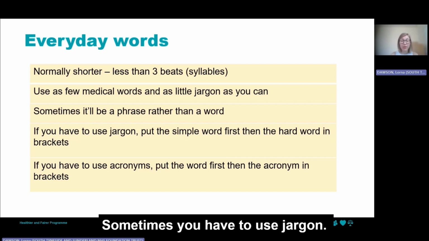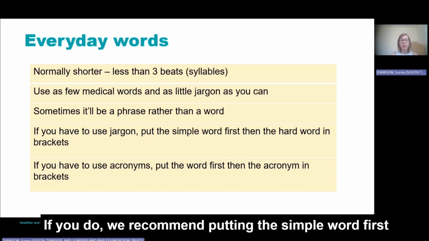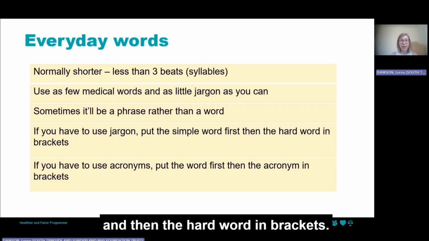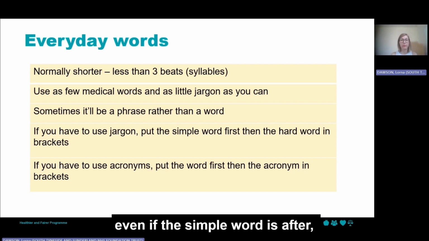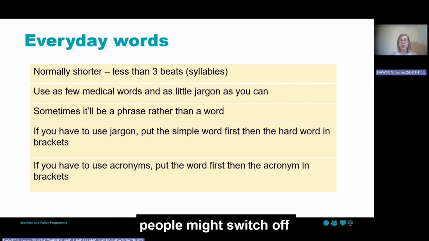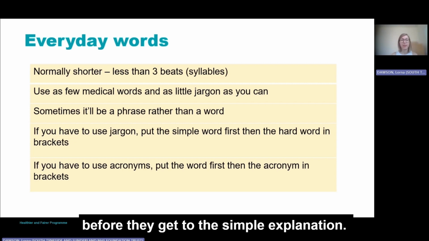Sometimes you have to use jargon. If you do, we recommend putting the simple word first and then the hard word in brackets. We say that because if you put the jargon first, even if the simple word is after, people might switch off before they get to the simple explanation.